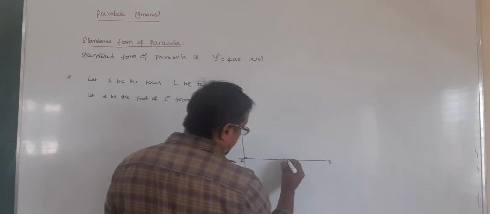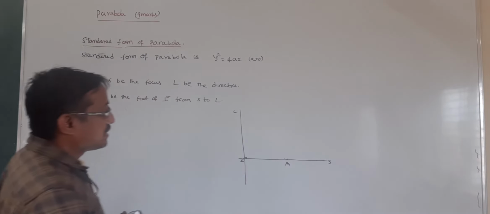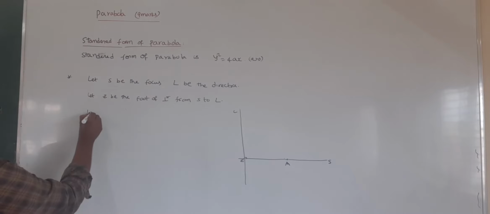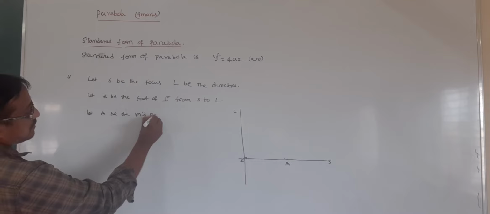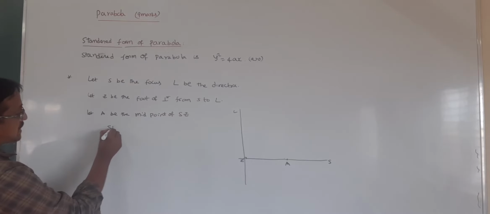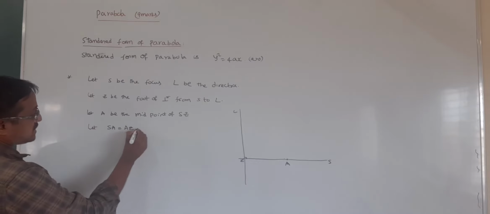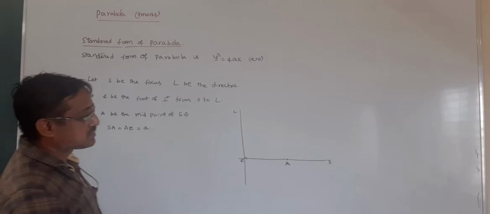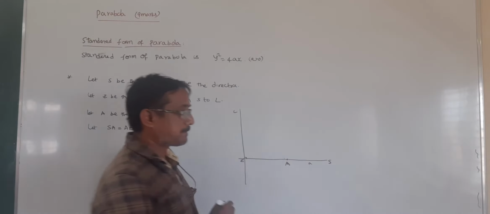So let capital A be the midpoint of SZ. That is, SA is equal to AZ. Let SA is equal to AZ is equal to small a. Let this distance be small a.